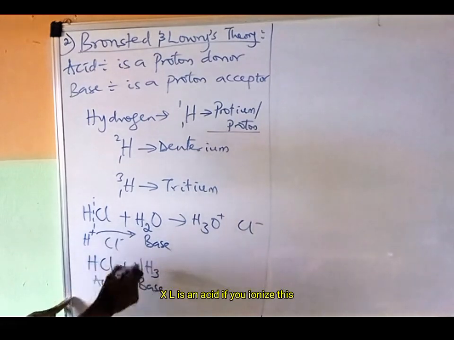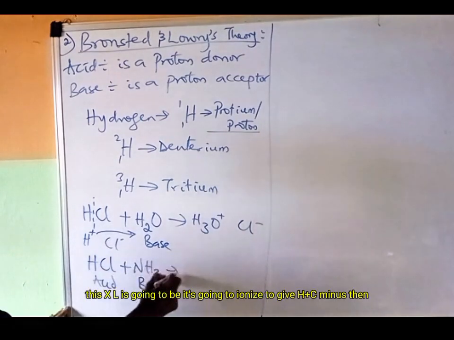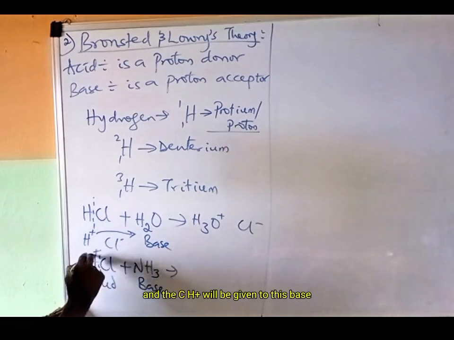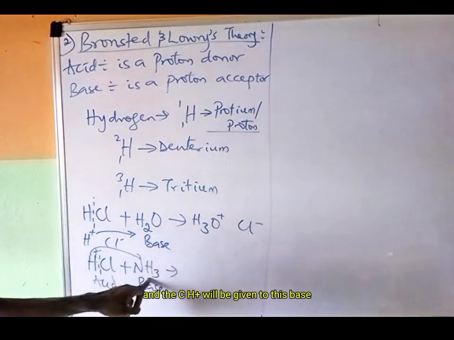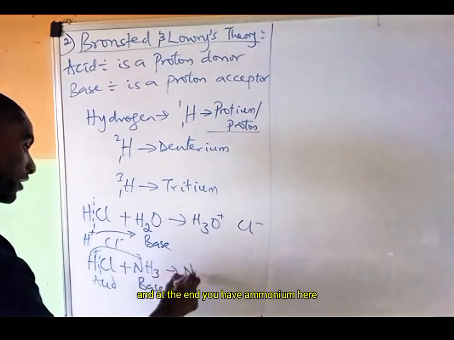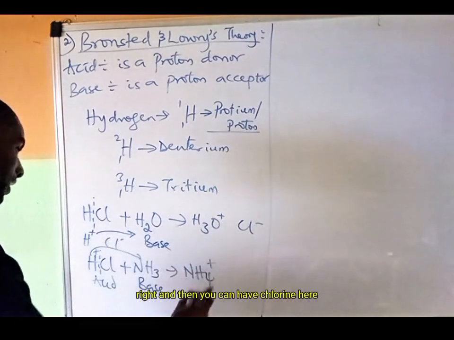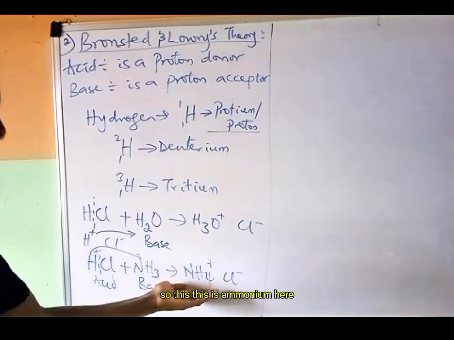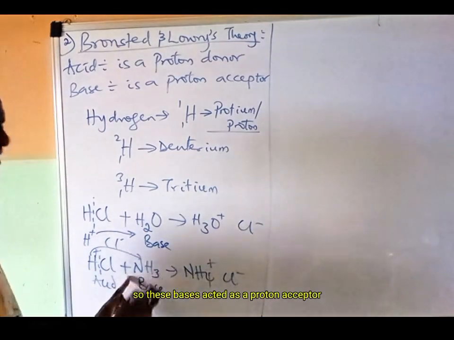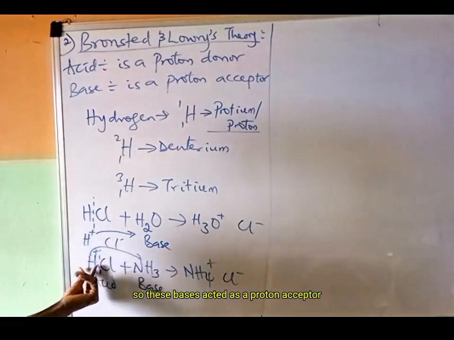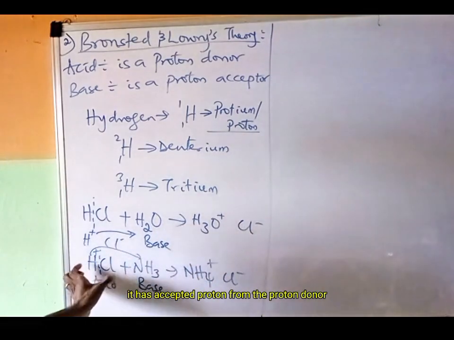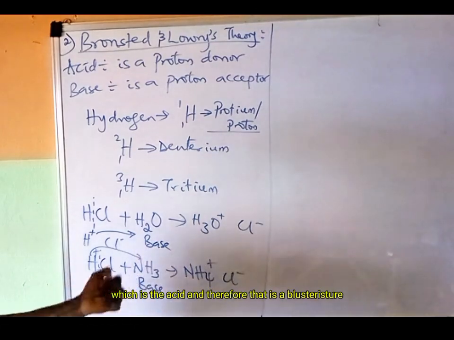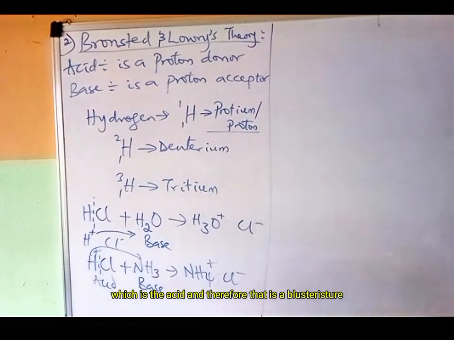HCl is going to ionize to give H plus and Cl minus, then the H plus will be given to this base, and at the end you have ammonium ion, right? And then you can have chloride here. So this is ammonium ion. So this base has acted as a proton acceptor. It has accepted proton from the proton donor, which is the acid, and therefore that is Bronsted-Lowry's theory.